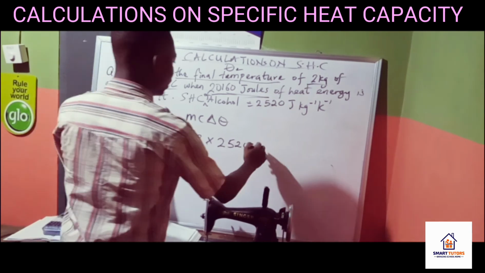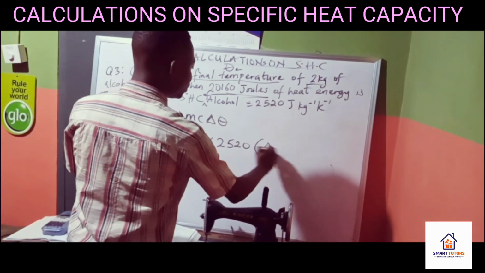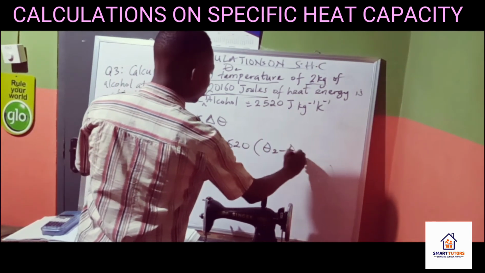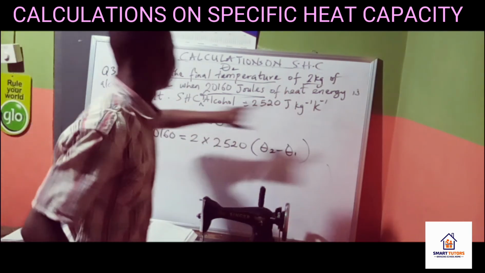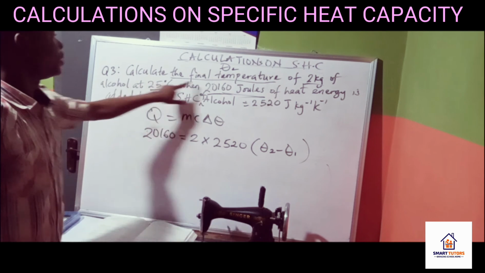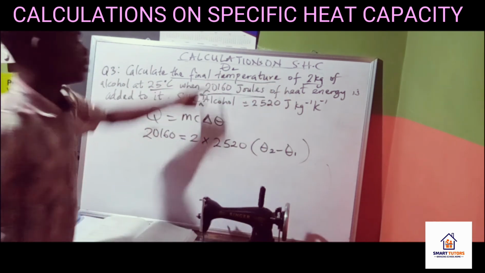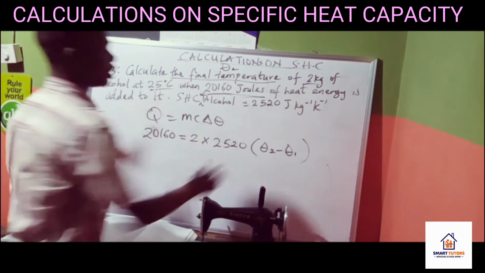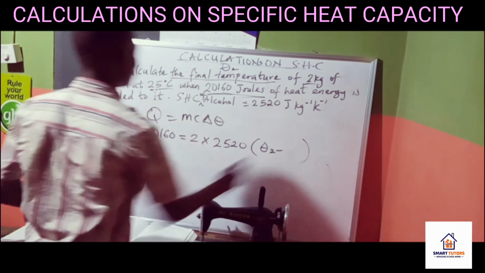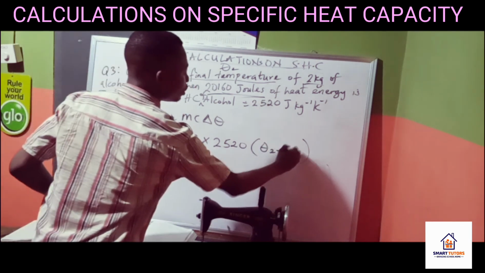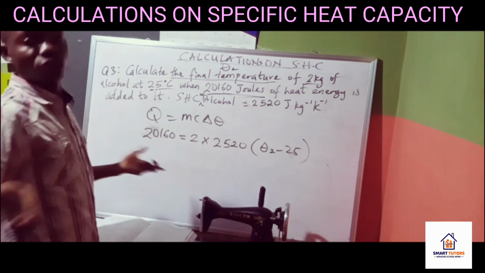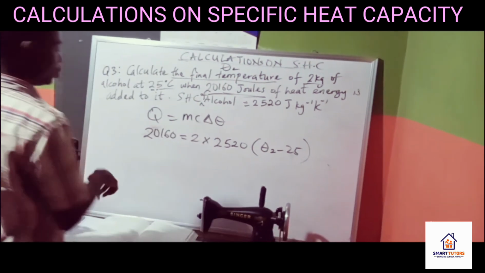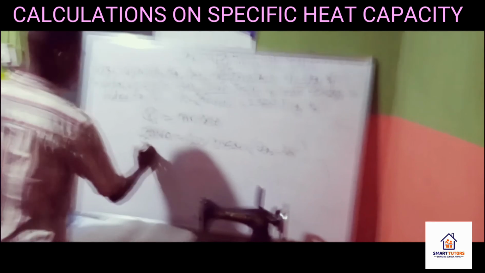Now times the change in temperature, which will be theta 2 minus theta 1. You have to calculate the final temperature theta 2. This is the initial temperature that it was before, so you change theta 1 to 25. Good, 25 degrees Celsius. You don't need to convert it to Kelvin, it still means the same thing.